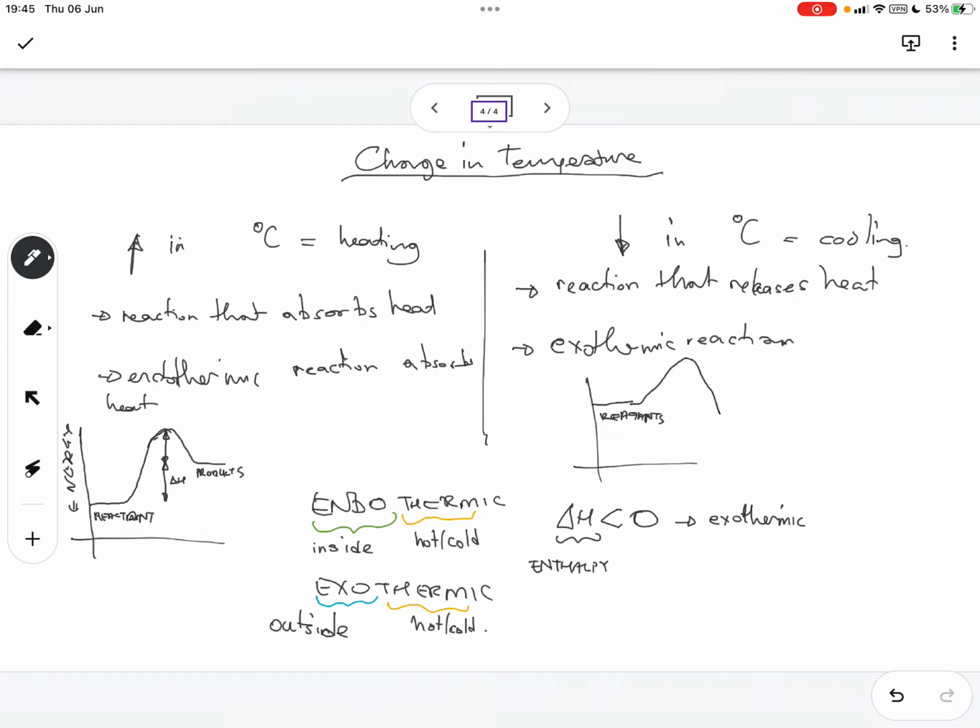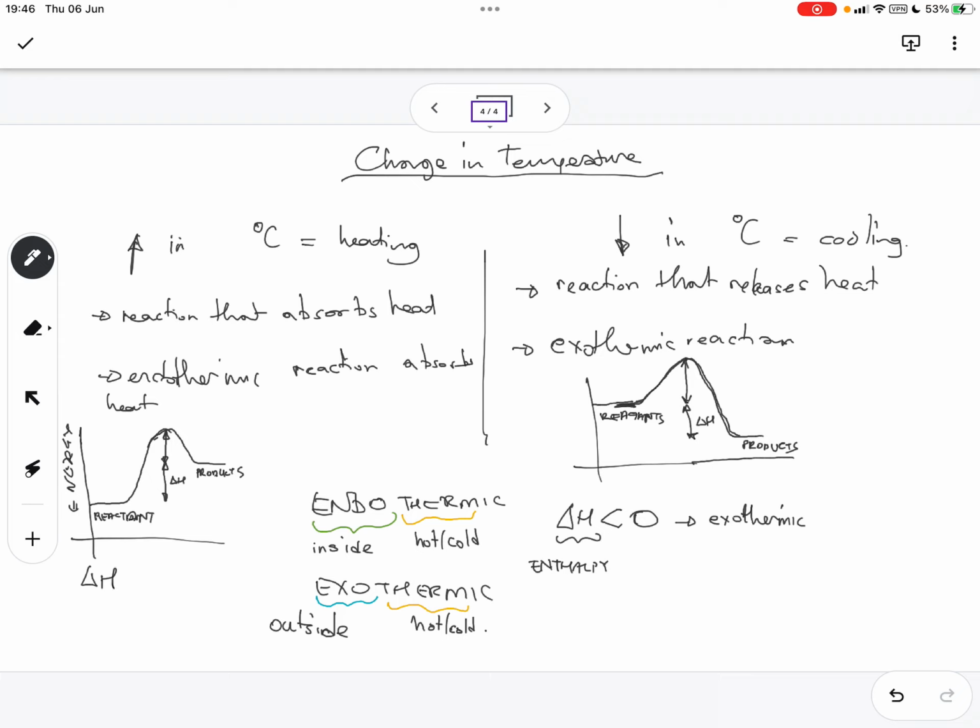What happens is the reactants start out at a high energy level, and then energy is given off in the reaction. The reactants are at a high energy level, then they react to form products whose energy level is way below that of the reactants.